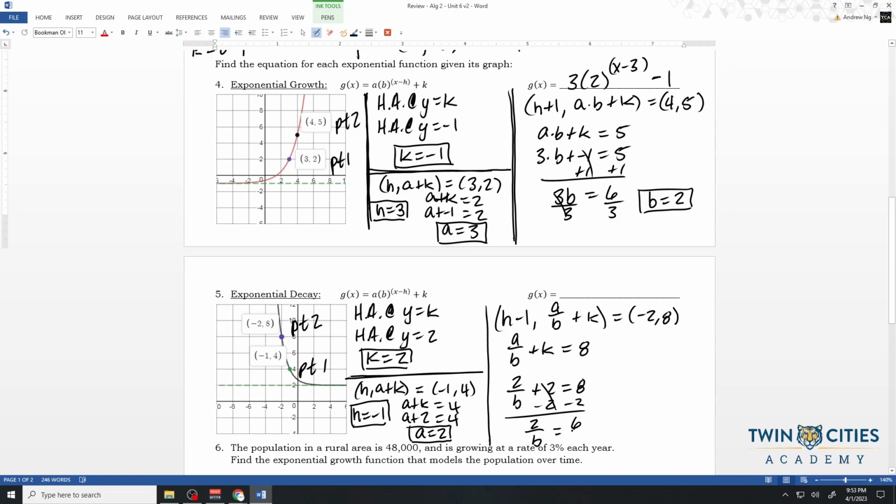I can write this as 6 over 1. And then if I cross multiply, I get 6 times b is equal to 2. And then dividing both sides by 6, I get b is equal to 2 over 6, or 1/3.